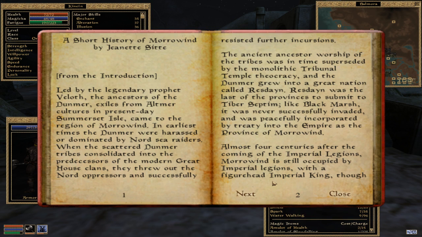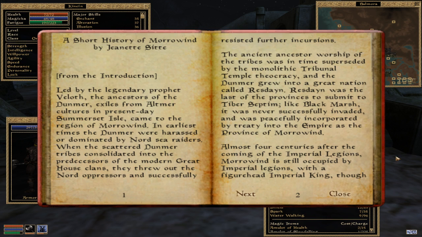From the introduction. Led by the legendary prophet Veloth, the ancestors of the Dunmer, exiles from Altmer cultures in present-day Summerset Isle, came to the region of Morrowind. In earliest times, the Dunmer were harassed and dominated by North Sea raiders. When the scattered Dunmer tribes consolidated into the predecessors of the modern Great House clans, they threw out the Nord oppressors and successfully resisted further incursions.